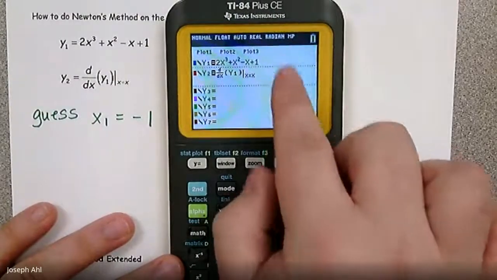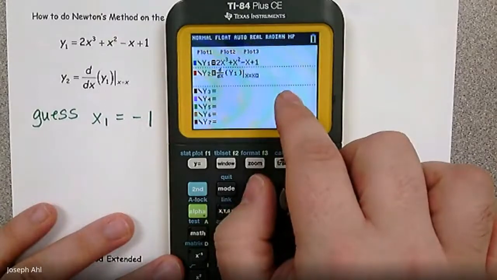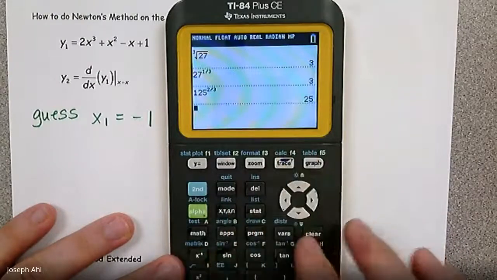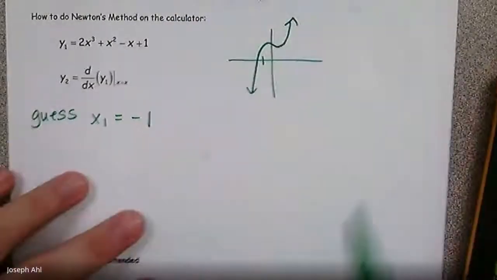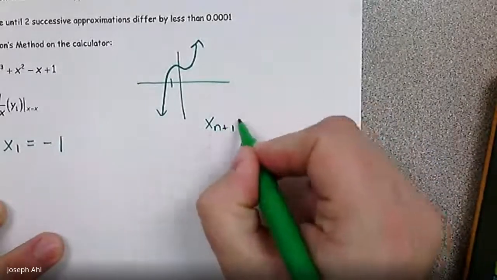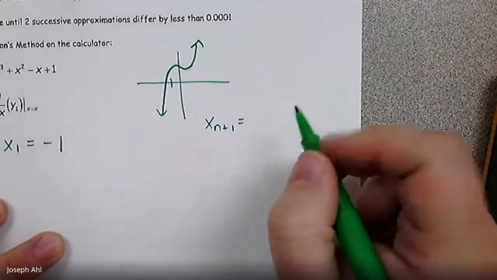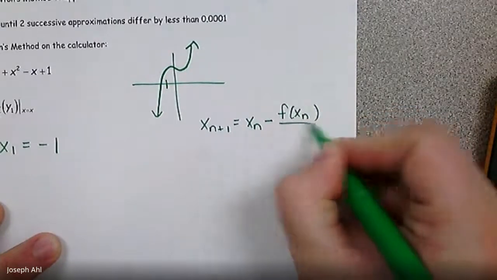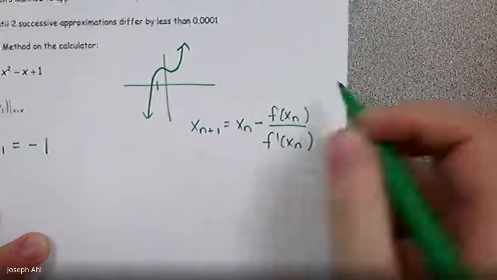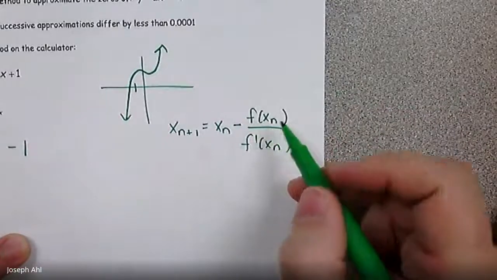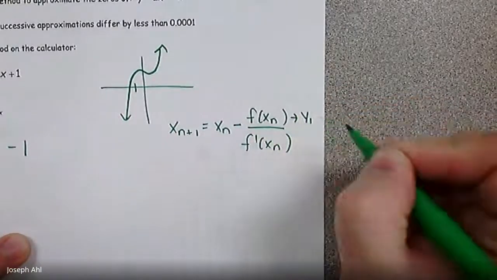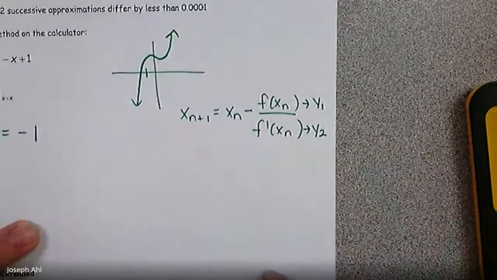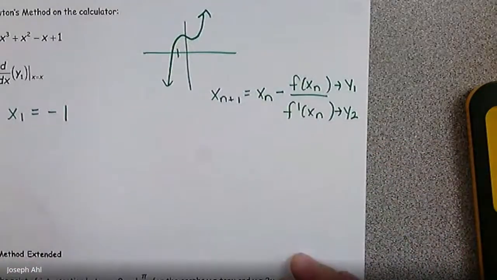Having these individual functions stored will be pretty useful, because remember that Newton's method is x sub n plus 1 equals x sub n minus f of x sub n over f prime of x sub n. The function value is what we have stored in y1, and the derivative is what we have stored in y2 on the calculator.